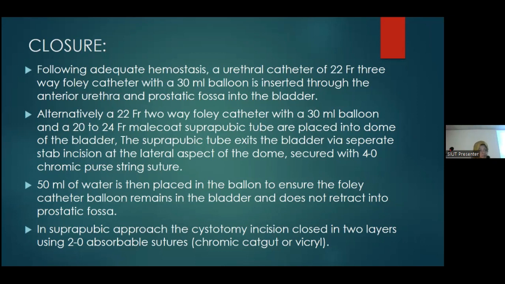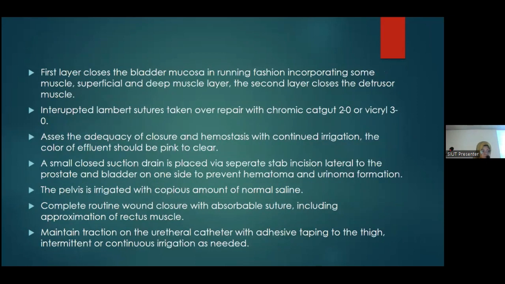After placing the per urethral 22 French catheter, the suprapubic tube is also placed, and along with that, a drain is placed on the side of the repair. The cystotomy site is closed in two layers. The first layer closes the mucosa, involving some muscle, and the other layer closes the detrusor muscle.